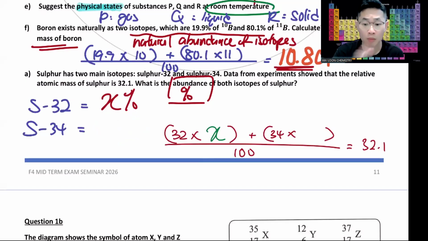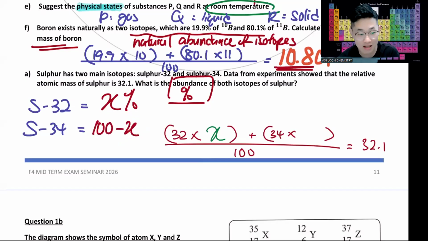Here, cannot put Y also. You should put 100 minus X. If you have found that this is, let's say, 20%, then this one you just use 100 minus 20%, you get the answer.